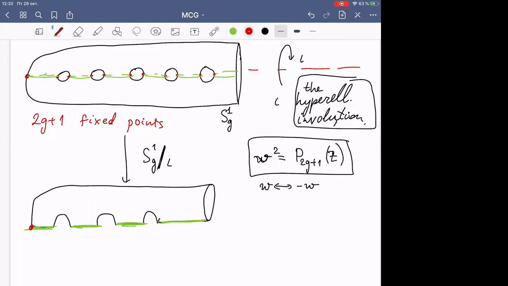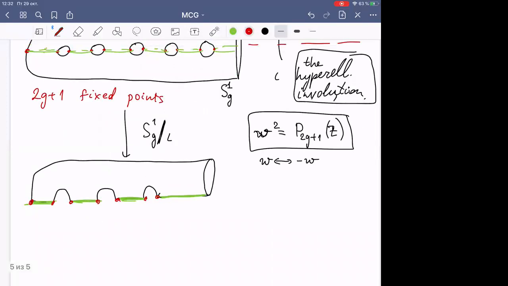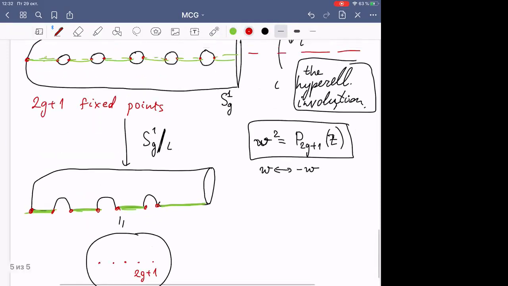These are the same red points. But now look, topologically, this is just a disk. This is just the disk with 2G+1 marked points. Okay.